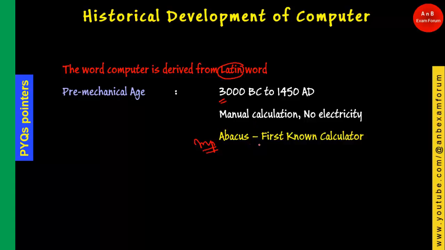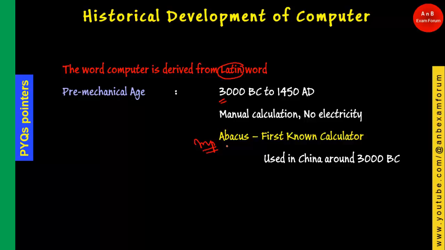As you know, it was used in China around 3000 BC. It has some beads and rods in it, and it is regarded as the first known computer. We have seen this question many times, so just remember this name.